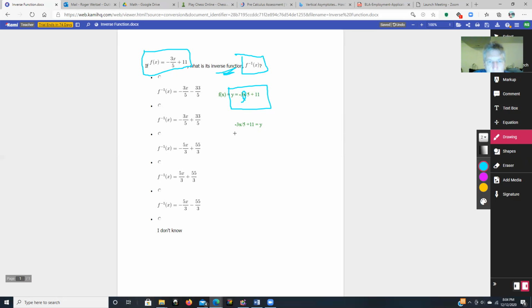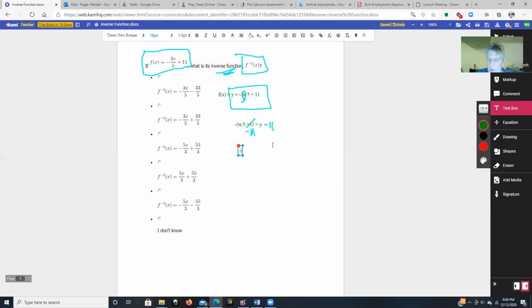First we look for addition and subtraction, and we have an addition, so we're going to do the opposite operation. We're going to say minus 11, that will cancel with that, and that means we have y minus 11. So let's rewrite that. Now we have 3x divided by 5 is equal to y minus 11.